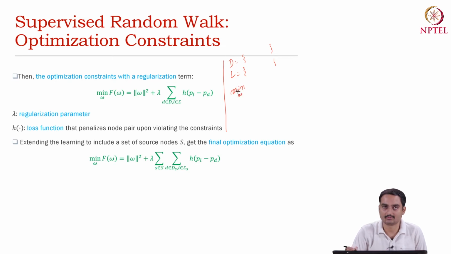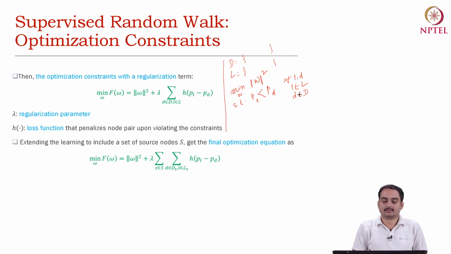We minimize with respect to W, where W is a parameter, such that P_L is less than P_D for all pairs l, d, where l belongs to L and d belongs to D. Let me explain.